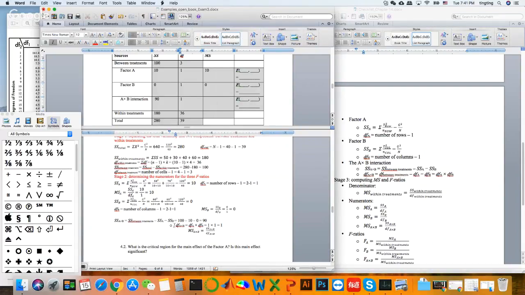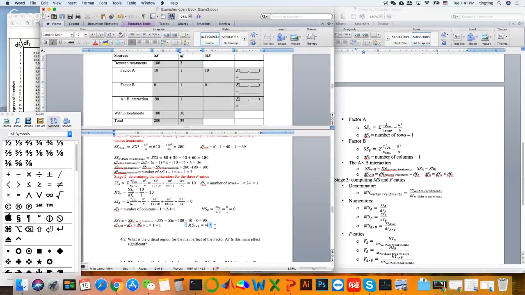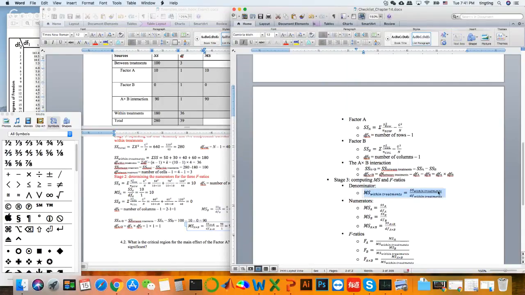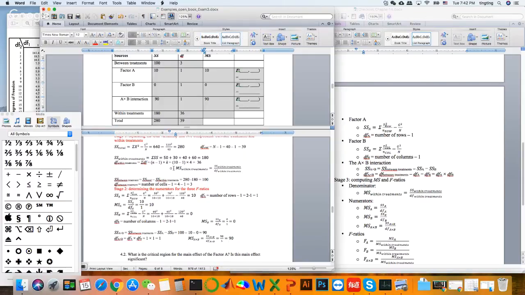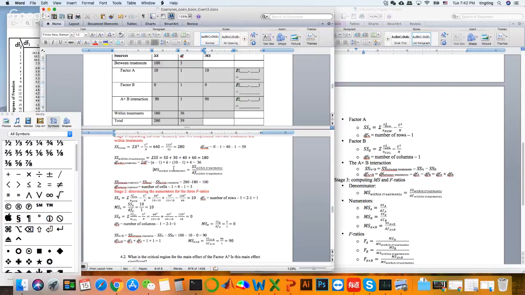And then compute its variance, the MS, which equals to... I forgot to compute the denominator of the within treatment component, right? Within treatment, this number divided by this number, which equals to 5.